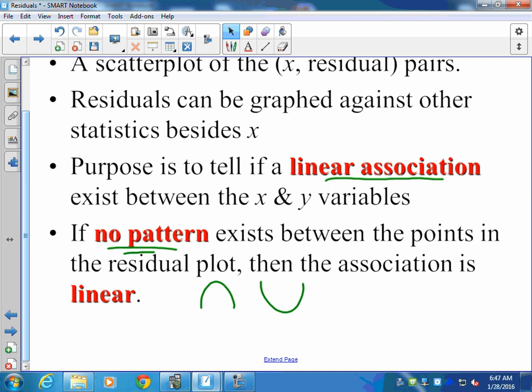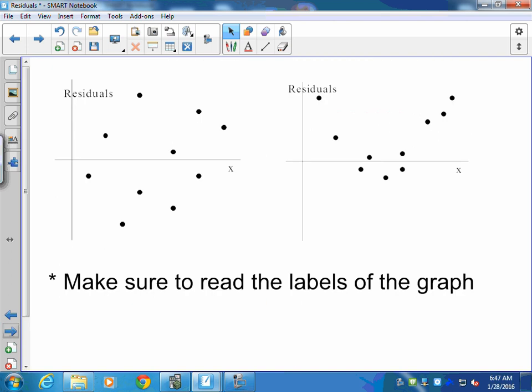So let's look at a couple plots here and describe them. In this first plot, we're plotting x versus the residual of y.